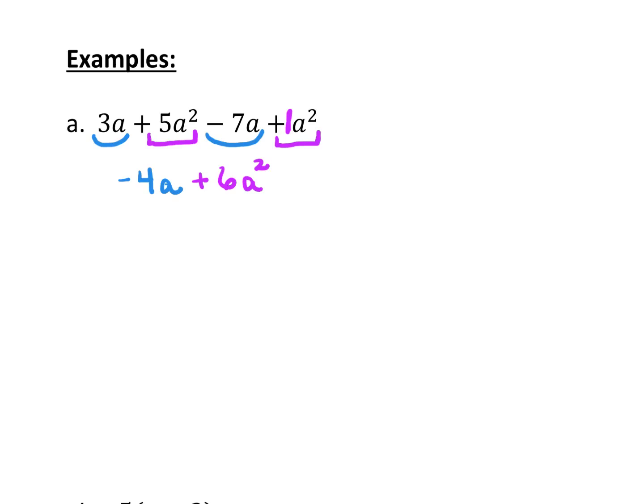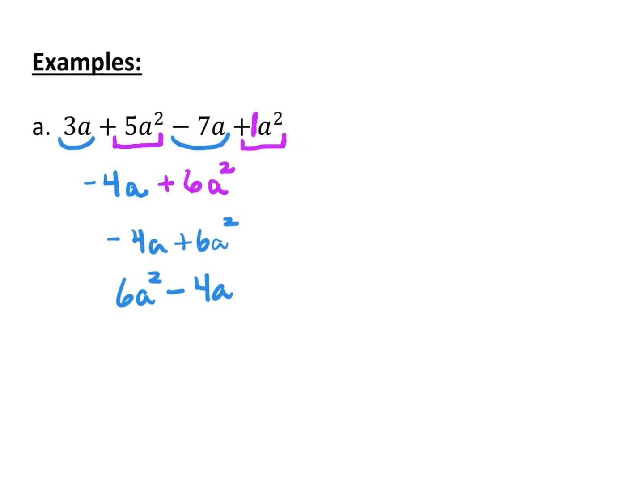If you want, assign words to them, apples, bananas, whatever you want to in order to make it a little bit easier. Now from here, we cannot combine anything else because a and a squared are not like terms. And so my final answer is negative 4a plus 6a squared. You can also write this as 6a squared minus 4a. And we'll get into that when we get into polynomials.